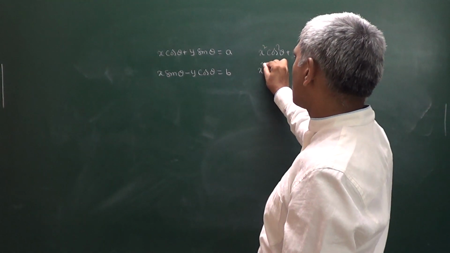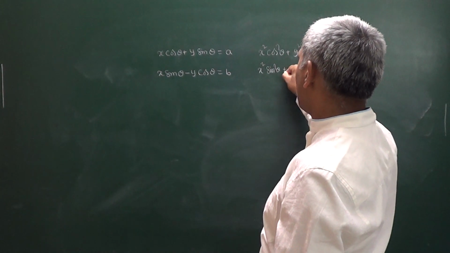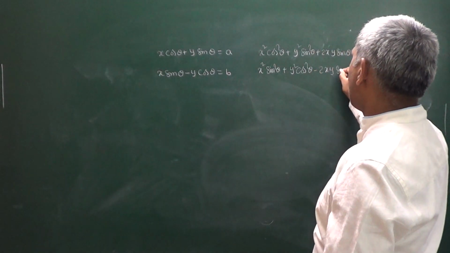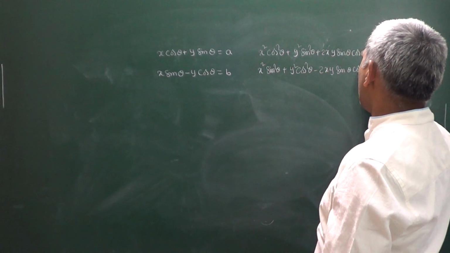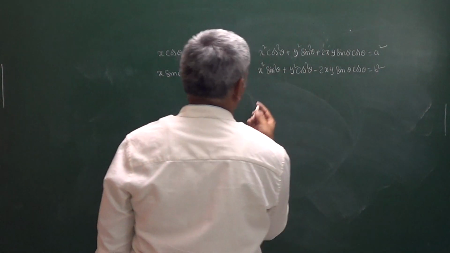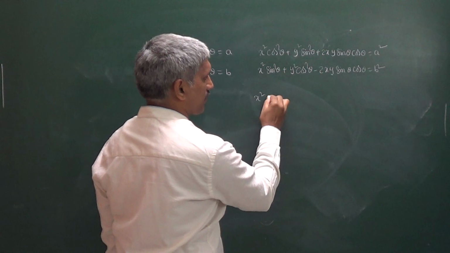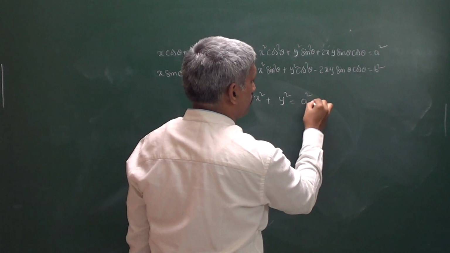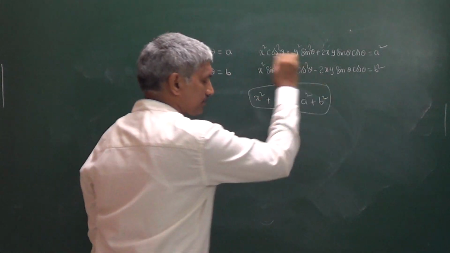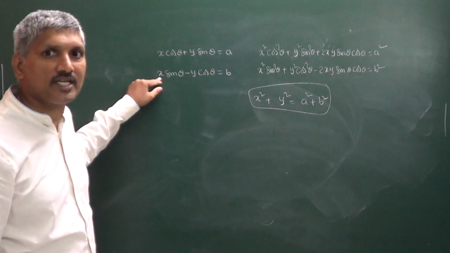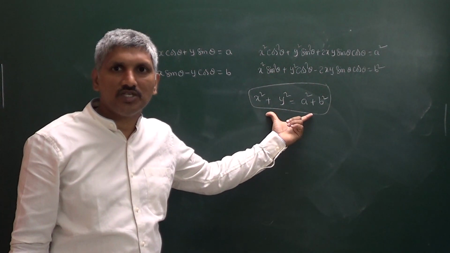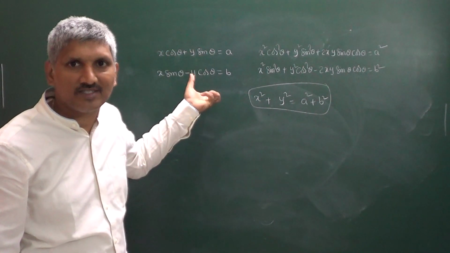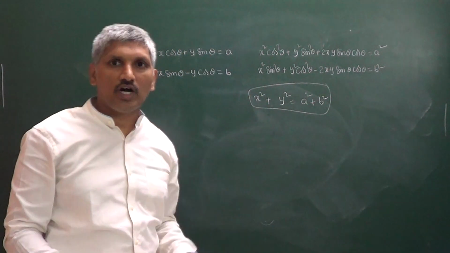Whereas here, x square sin square theta plus y square cos square theta minus 2xy sin theta cos theta is equal to b square. Now add both, you will get x square times cos square theta plus sin square theta, which is 1, plus y square is equal to a square plus b square. So the locus of the intersection of these two lines is x square plus y square is equal to a square plus b square. Because for different values of theta you will get different lines, that's why I am eliminating theta. We got the locus equation.